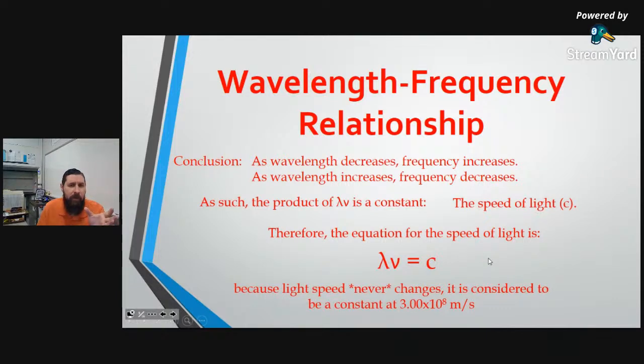So we're going to just use 3.0 times 10 to the 8th meters per second. Want to also mention that you can see speed of light done in miles per hour, feet per second, kilometers per hour, kilometers per second, any type of distance per time unit, speed of light can be represented in it. But we're going to stick with meters per second. Again, that's going to make the math a whole lot easier when we get to it.